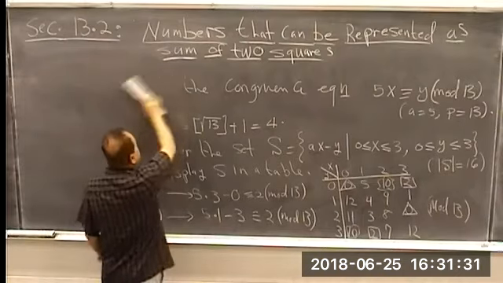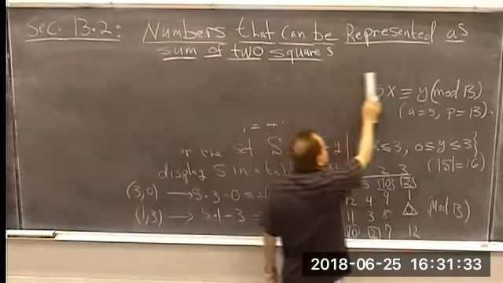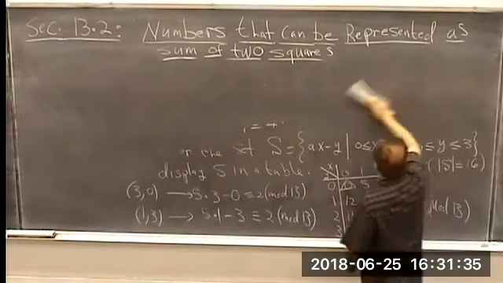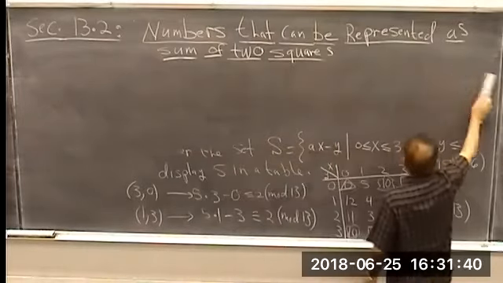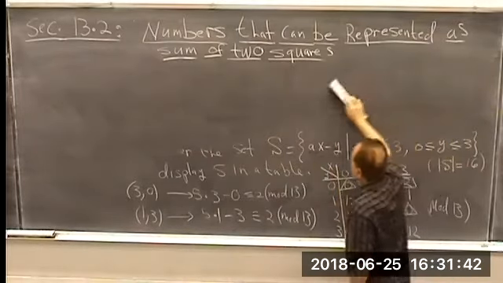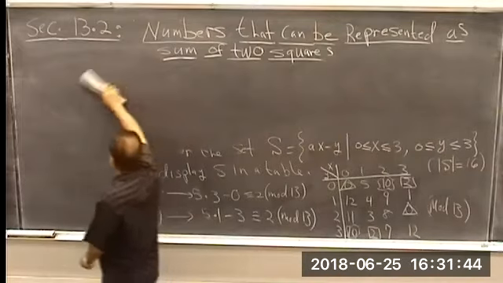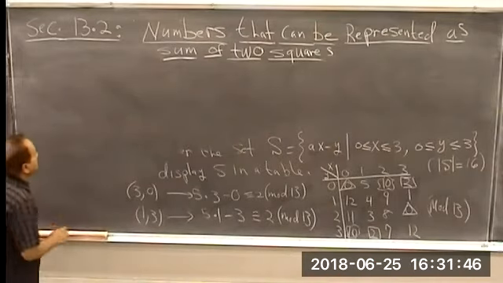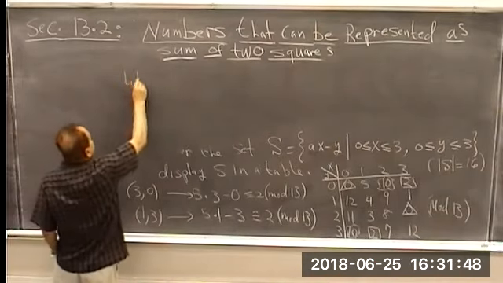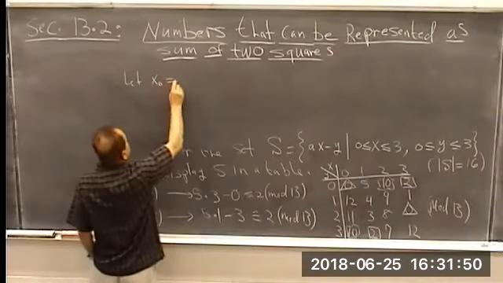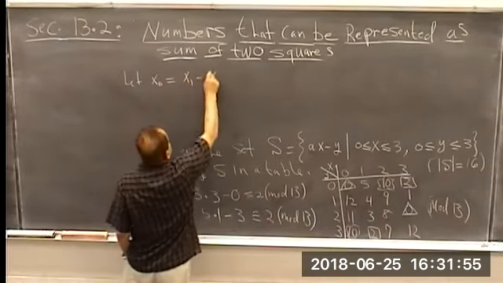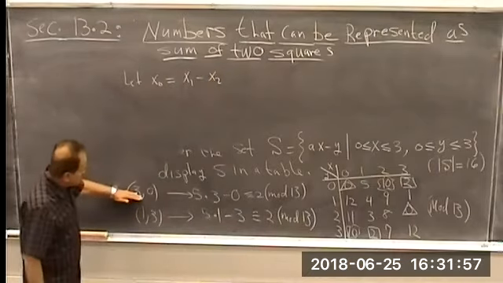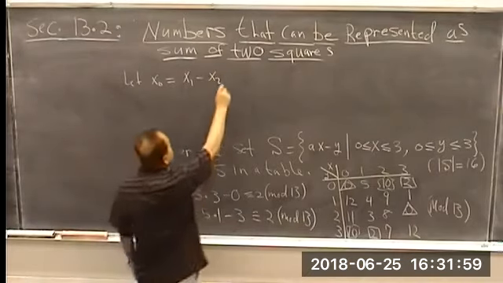I claim that if I take x sub 0, because these only fit into this set as elements in this set. So I'm going to let x sub 0 be equal to x1 minus x2, x1 being a 3, x2 equal to 1.